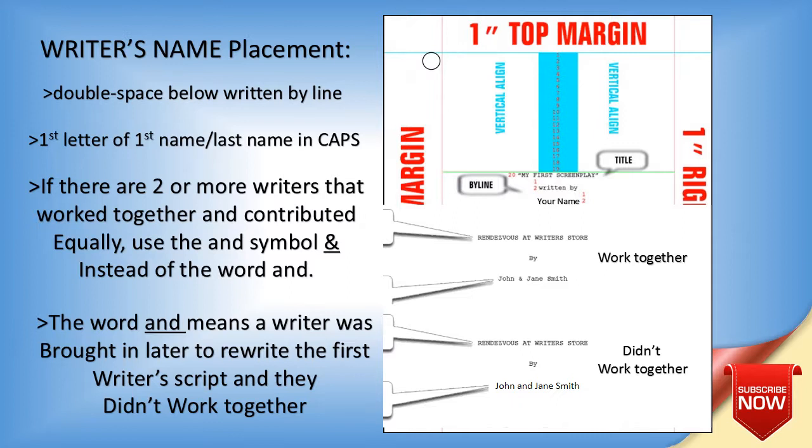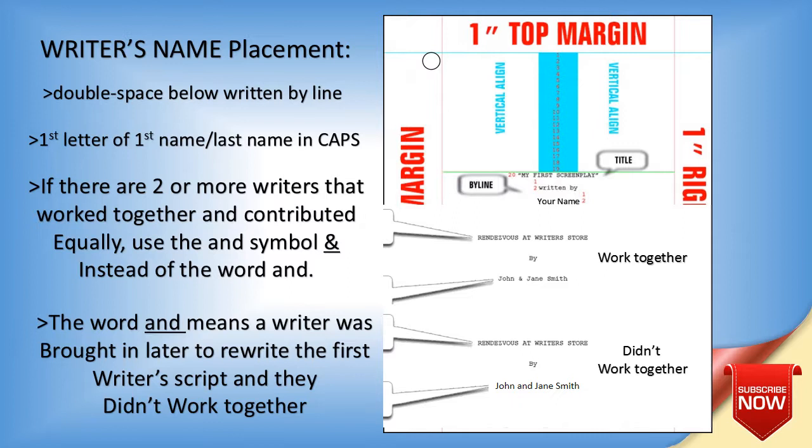Now here's where it gets a little bit complicated, but it's actually very simple if I break it down correctly. Let's say you write the screenplay and then you have a friend or someone else work on the screenplay together with you and contribute equally, helping you write it.